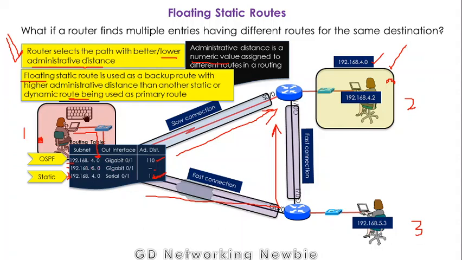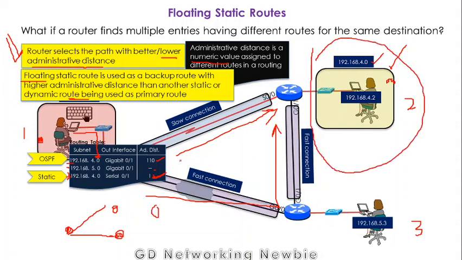That route may come statically, or it may come dynamically by using some routing protocol. So again, if this is a node, there are different ways to go to this network. There are different ways.